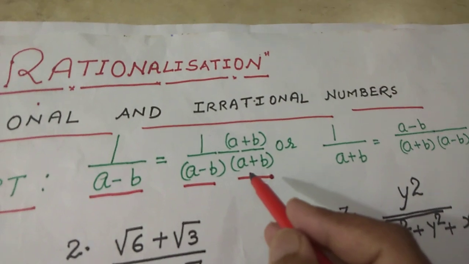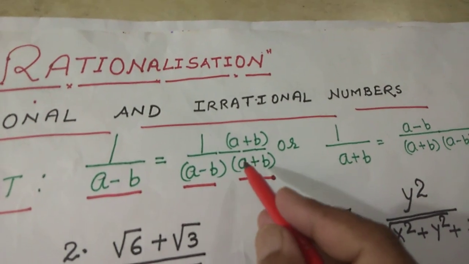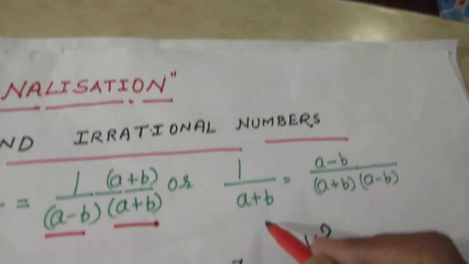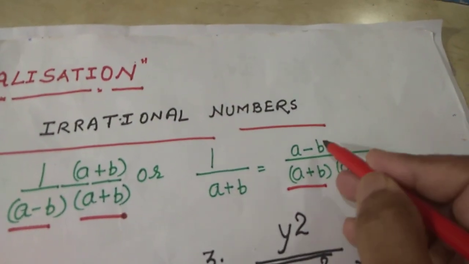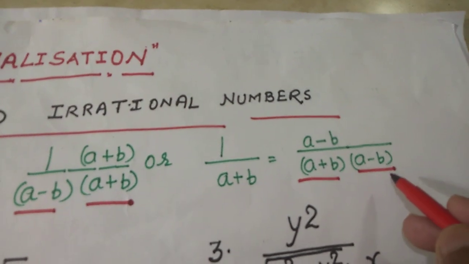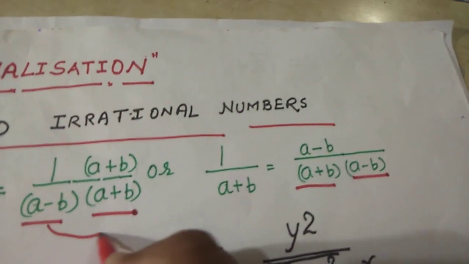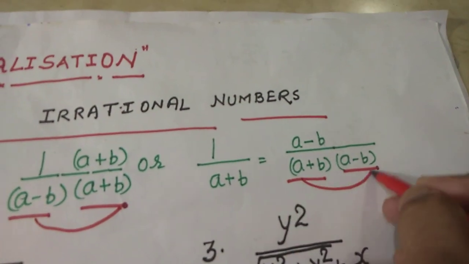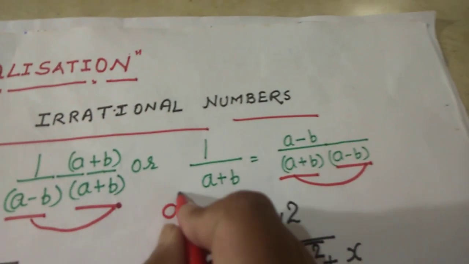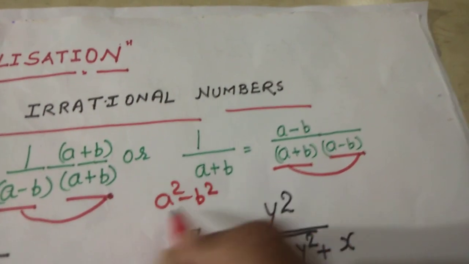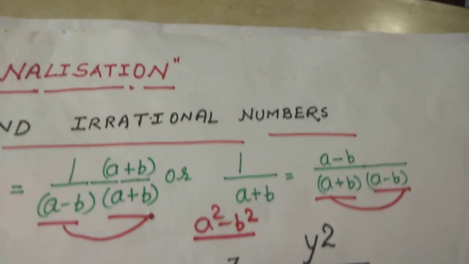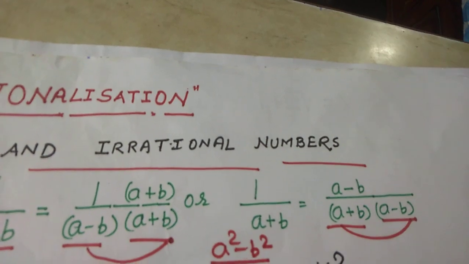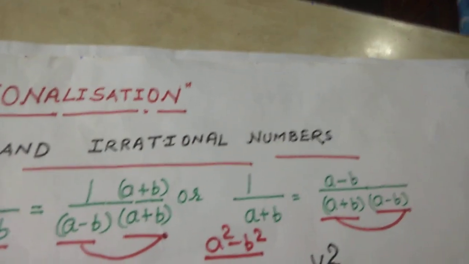This is known as rationalization of the denominator. Or if 1 upon a plus b, multiply numerator and denominator by a minus b. And we know a plus b times a minus b always gives a square minus b square. So this concept I will use in this video and work out some problems which will help you in your future.